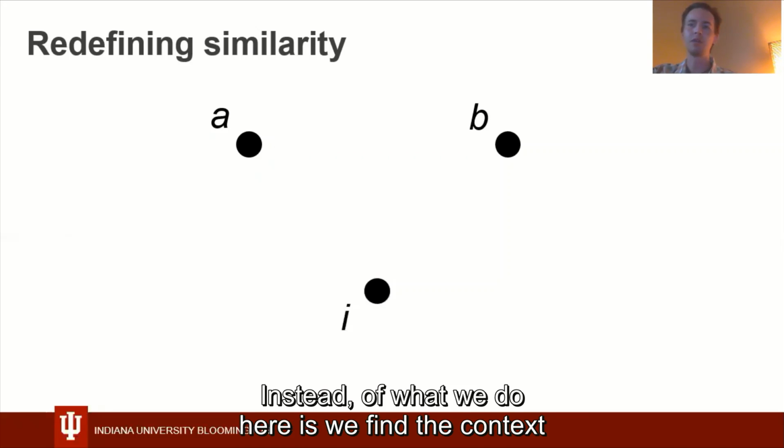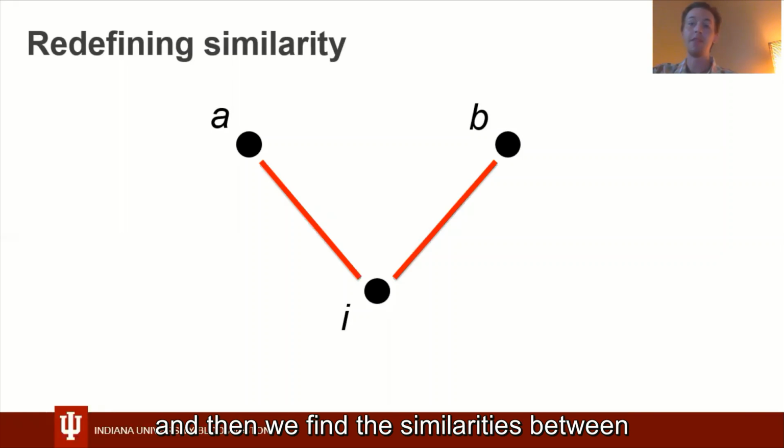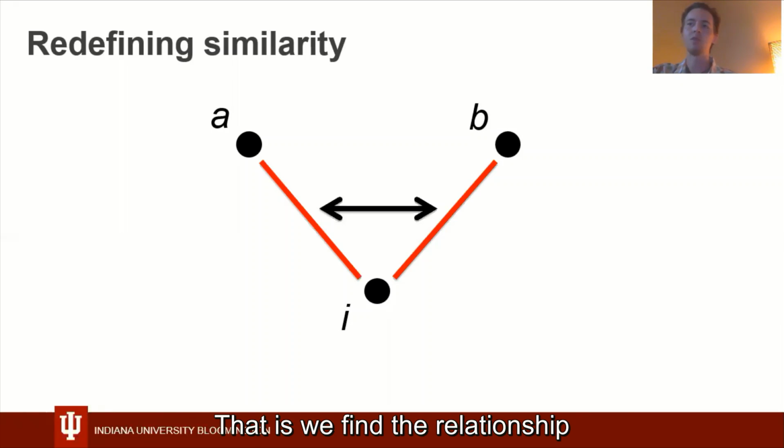Instead, what we do here is we find the context of the 2 words with some tertiary word. And then we find the similarity between those 2 contexts. That is, we find the relationship between the 2 words relative to some other word. We do this for every word in the corpus, which isn't hard with these corpora since the vocabulary set is small, and then sum all of them together.